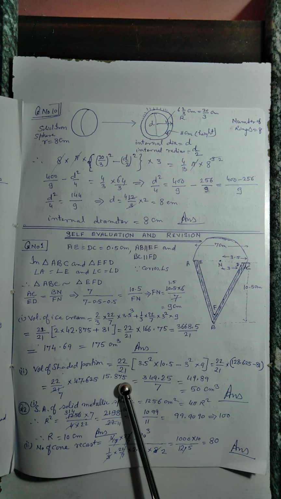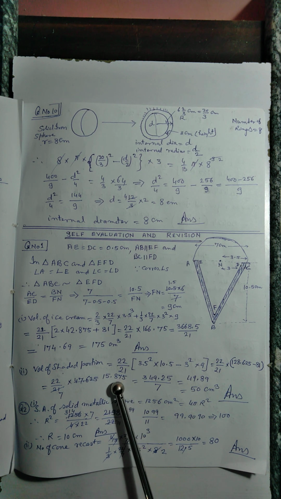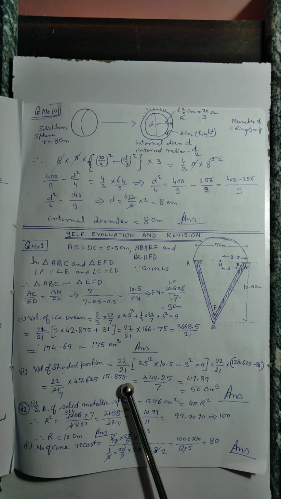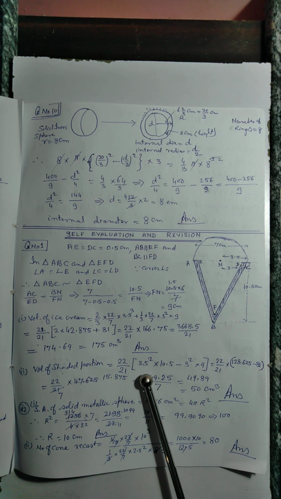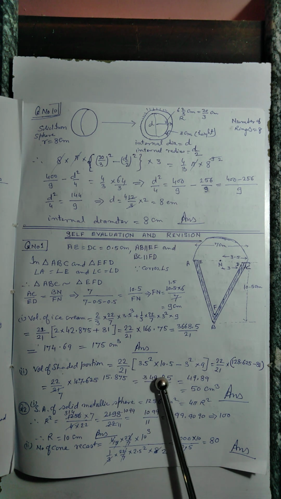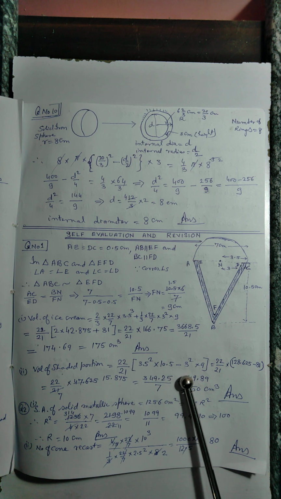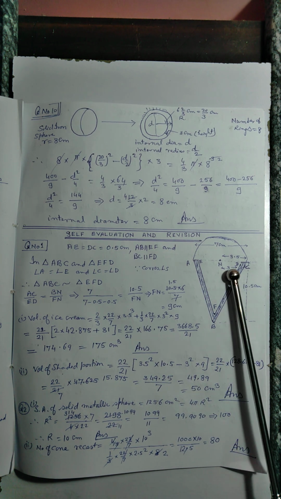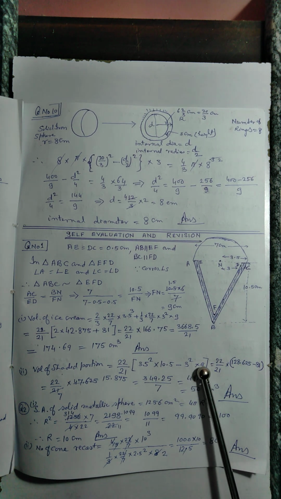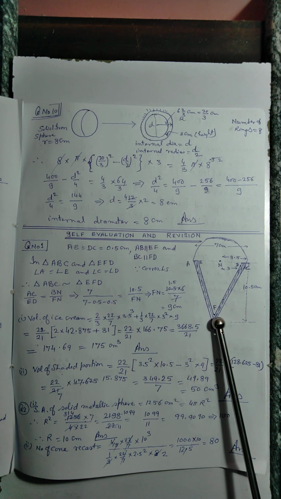So 1/3, 3 has been multiplied to the 7, so it will be 21. So 22/21 is common. So 3.5 का whole square into 10.5, that is height, minus inner radius, that is 3 square into 9 FN.